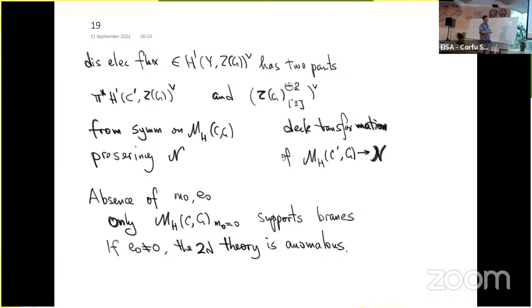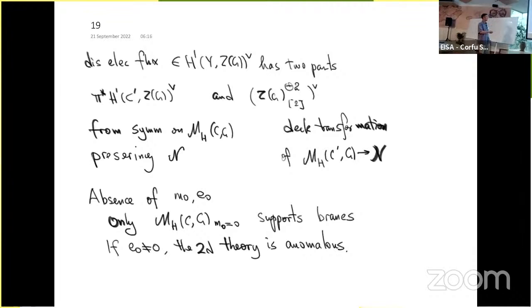Now, the last thing I want to say is that in 4 dimensions, there are two additional quantities in the discrete magnetic and electric flux. One is labeling the connected component of the moduli space for orientable surfaces. Now, it turns out when we have a brane, only this 0th component can support such a brane.